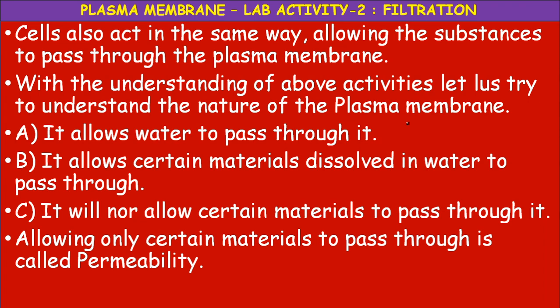So the plasma membrane is called a semi-permeable membrane. The membrane which allows only certain substances to pass through it is called a semi-permeable membrane. The substances which are required, only those it will allow. The substances which are not required, it doesn't allow to pass through.